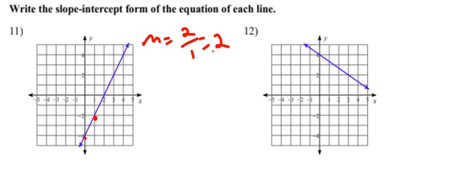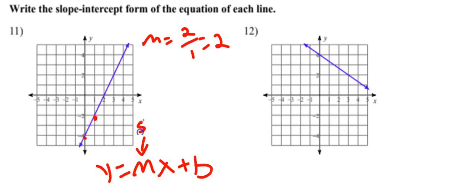And then the slope-intercept form of the equation is y equals mx plus b, where m is the slope and b is the y-intercept. And in this case, when we say y-intercept, we mean where does this blue line, our line, cross the y-axis?